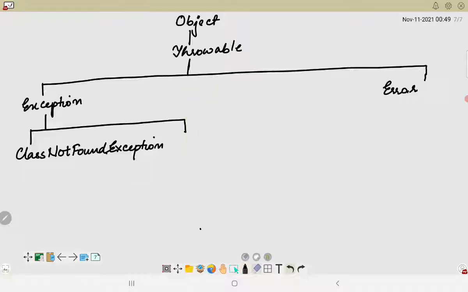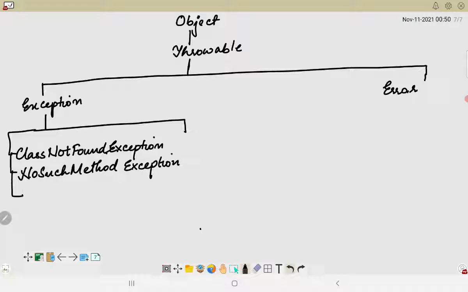Let me just draw it in this way so that it becomes easier for us to identify. Okay, the next type is no such method exception.